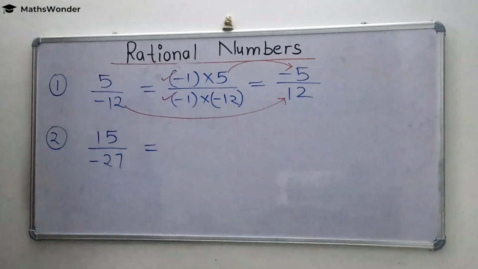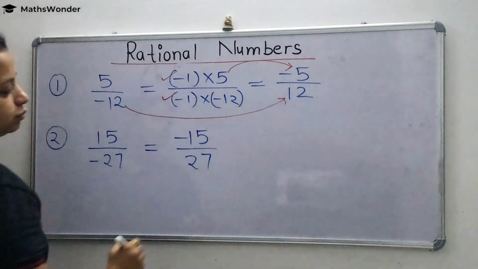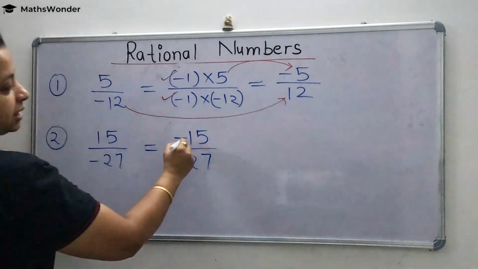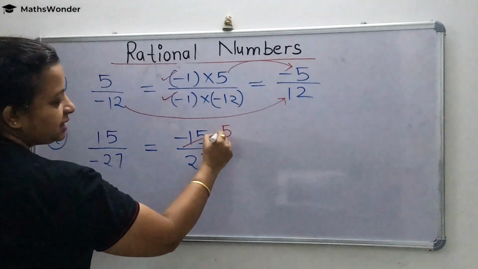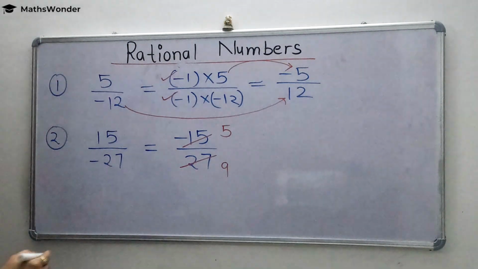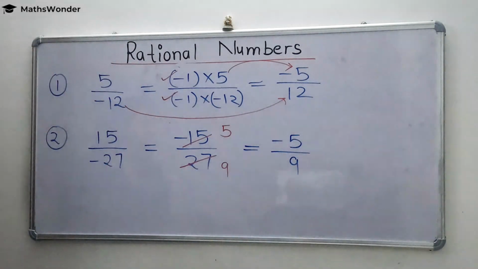First of all, you will remove the negative sign from the denominator, so it will become like this. You can do it directly and then simplify it if possible. So yes, 3 times 5 is 15, 3 times 9 is 27. So the second most important property is simplification. Your rational number must always be in simplified form.